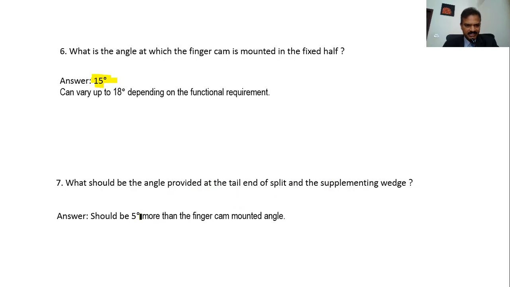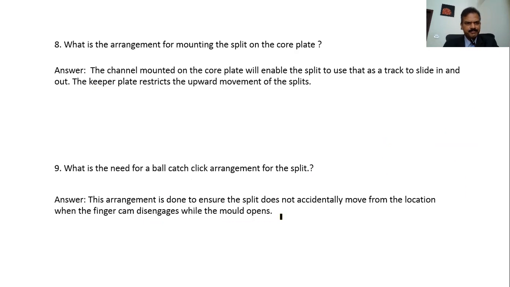We have discussed this in detail, the necessity of designing this at an angle, and we know it should be definitely more than the finger cam mounting angle. So how much more was the question? It's usually up to 5 degrees more than the finger cam mounting angle, right?